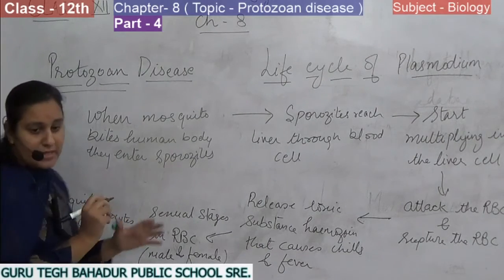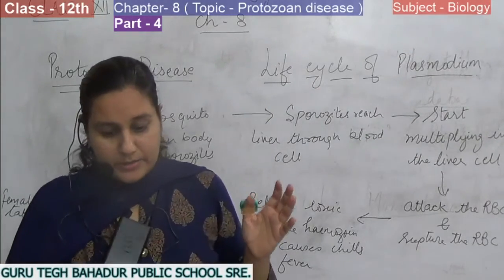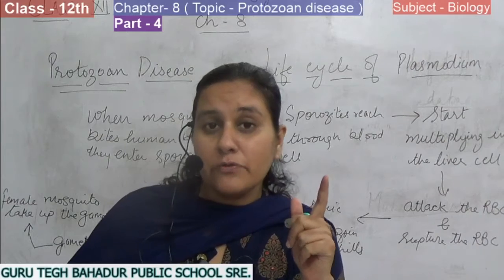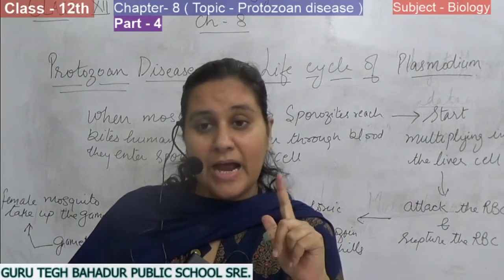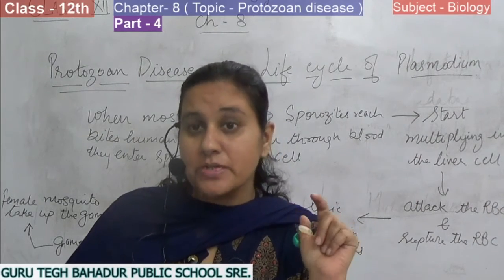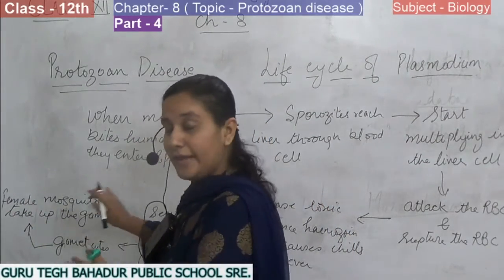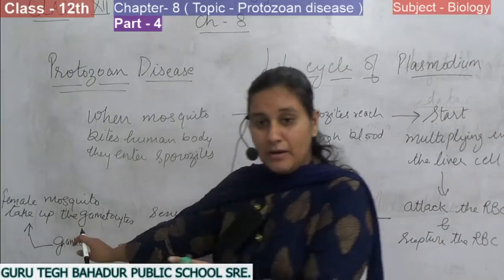Now after taking the gametocytes, fertilization and development start. Where do the fertilization and development take place? That takes place in the mosquito's intestine, because this cycle transfers to the female mosquito.